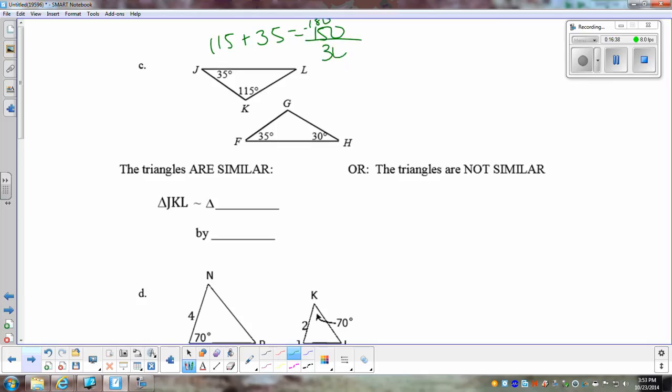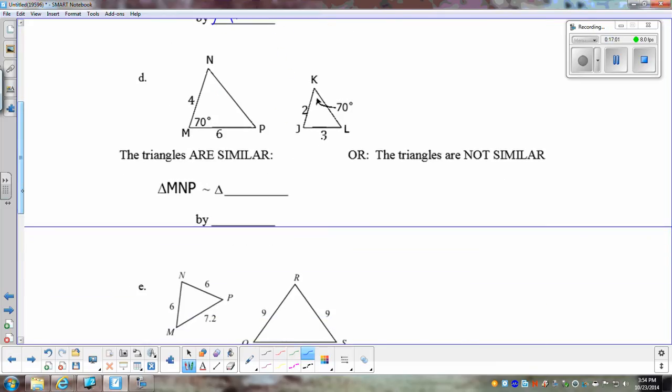Subtract that from 180, I get my last angle L is 30. So I have the two 30-degree angles. I have the two 35-degree angles. So these two triangles are congruent by angle-angle similarity, and JKL is congruent to FGH.